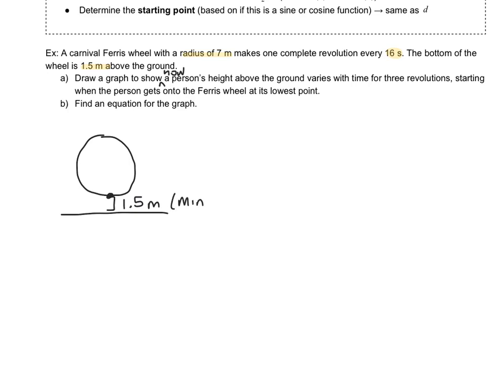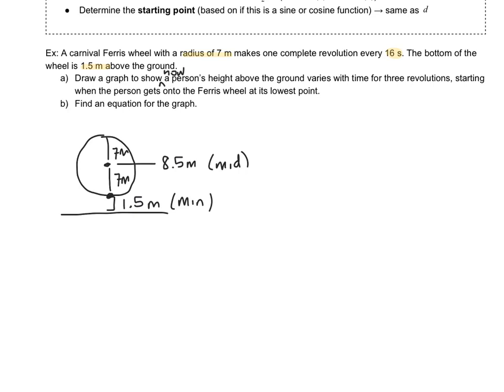So that's our minimum. We know that the radius of the Ferris wheel is 7 meters. From the center of the wheel to the bottom is 7 meters, and then to the top also 7 meters. So the halfway distance, or our midline, is going to be 7 meters above the 1.5. So 8.5 meters above the ground will be our midline.